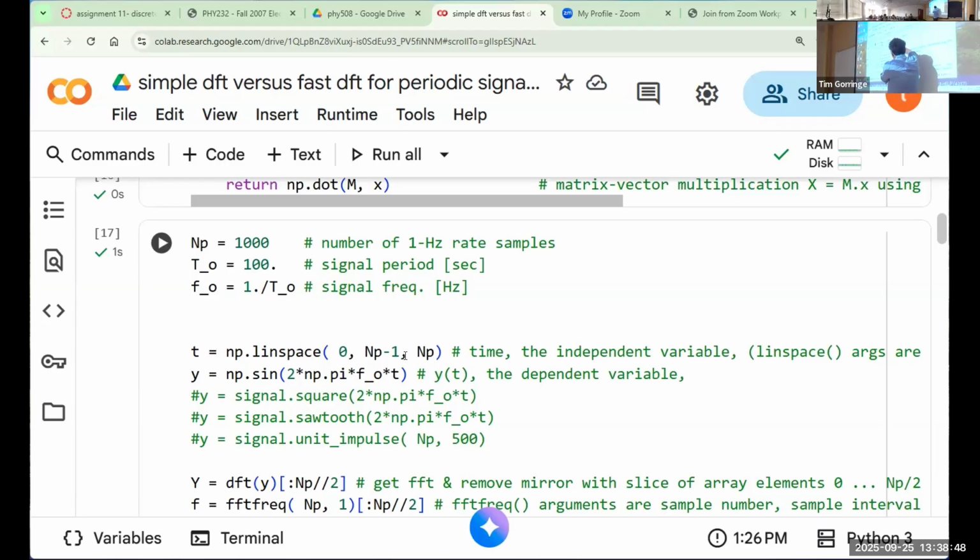Here is where I define my proxy for the independent variable, time. So time goes from 0 to 1,000 seconds. And in these 4 lines, I'm going to define different signals. The first one is just a sine wave whose period is 100 seconds, or frequency is 0.01 hertz. Then I'm going to replace it with a square wave and a sawtooth, and I think we'll stop there.